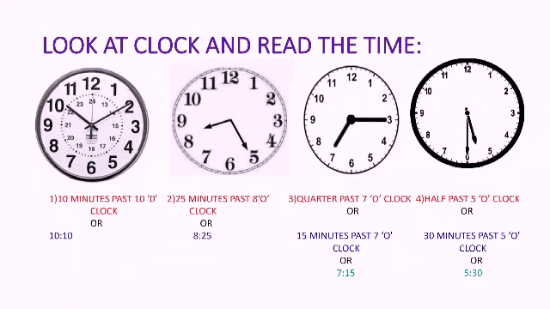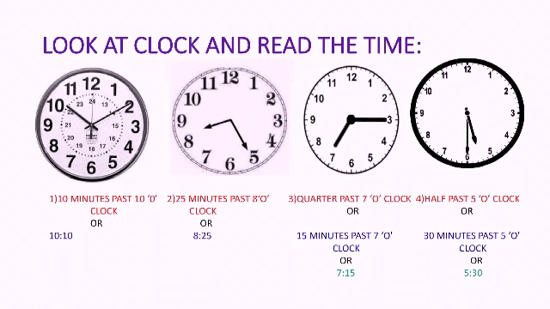So if you put the dots in between, the hour hand has left 5's place, so 5 will be on the left hand side of the colon sign. The minute hand is pointing at 6, that means 6 fives are 30.